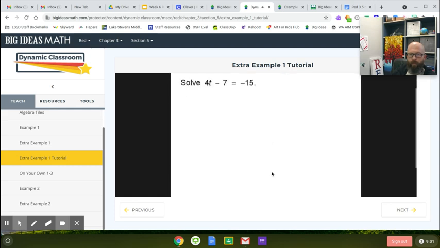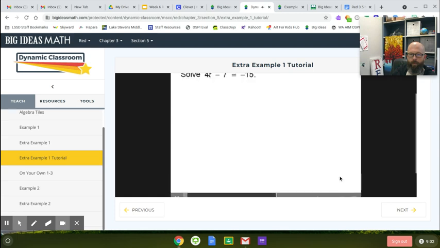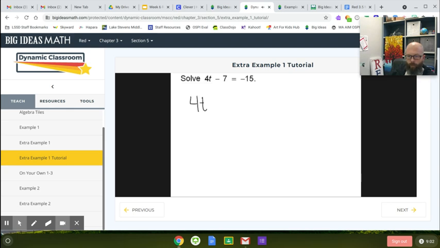Solve 4 times t minus 7 is equal to negative 15. So let's write our equation. We have 4 times t, or 4t, minus 7 is equal to negative 15. Notice this is a two-step equation because we have multiplication and subtraction.